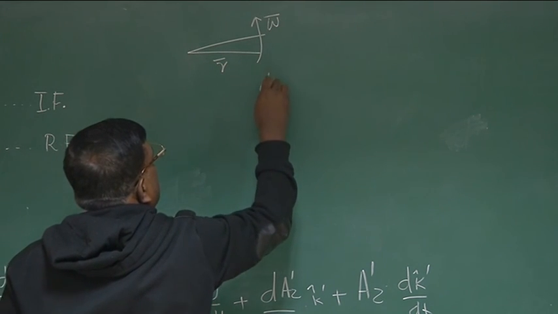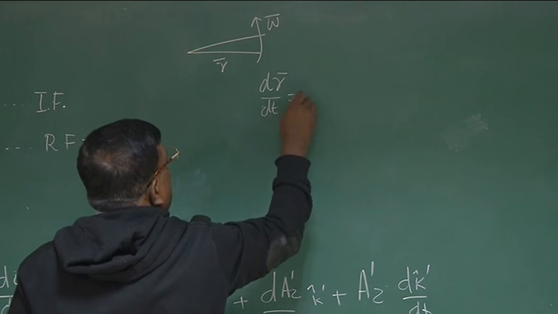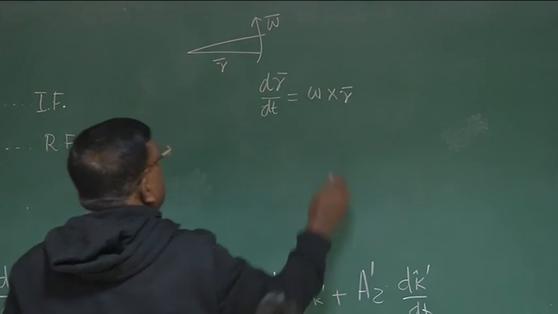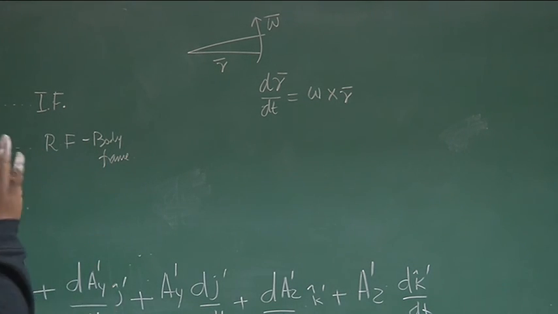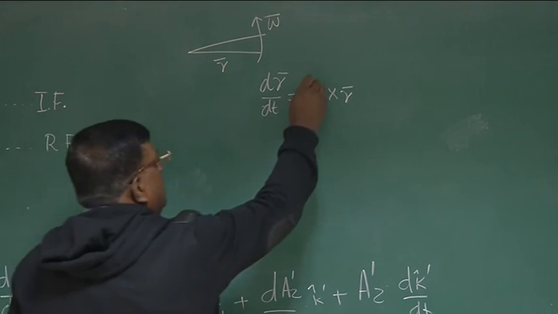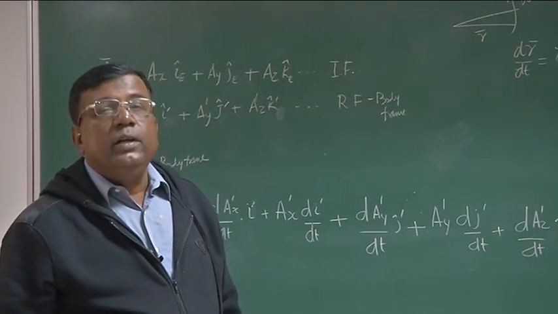Then you know that dr by dt equals omega cross r. Very simple, isn't it? The vector is rotating like this, so dr by dt is omega cross r. Omega is a vector. What is omega? Omega is the angular velocity of the rotating vector.